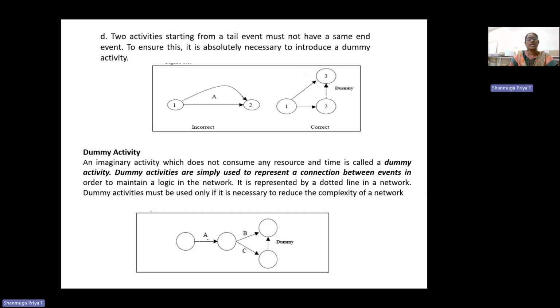For example, A is the starting activity, nodes 1 and 2. B and C are parallel activities after completion of A, at nodes 3 and 4. Only when both B and C are completed will the next activity D start.